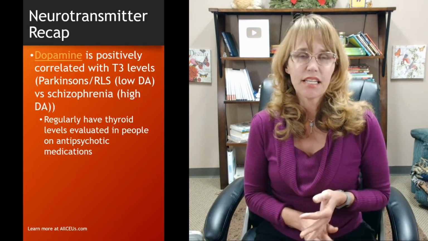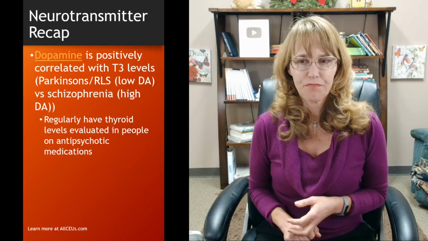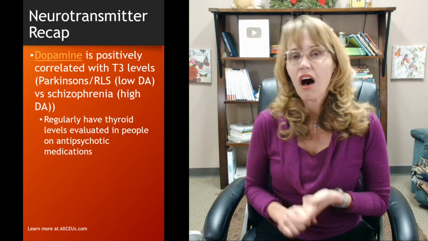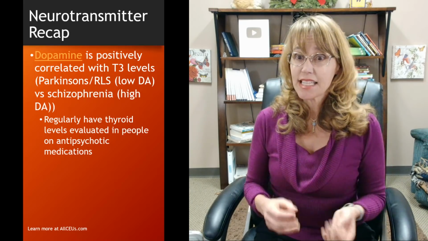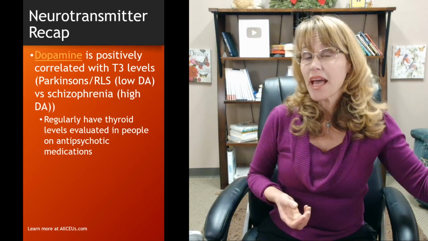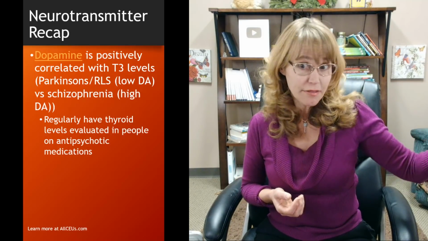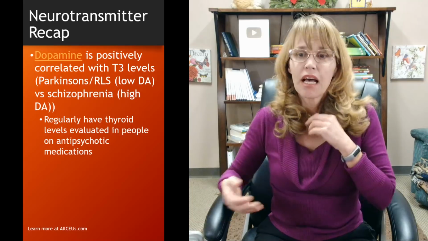People with Parkinson's or restless leg syndrome often have low dopamine levels. People with schizophrenia often have high dopamine levels. So we want to recognize that people with Parkinson's and restless leg syndrome may also have hypothyroid, and people with schizophrenia may have hyperthyroid.